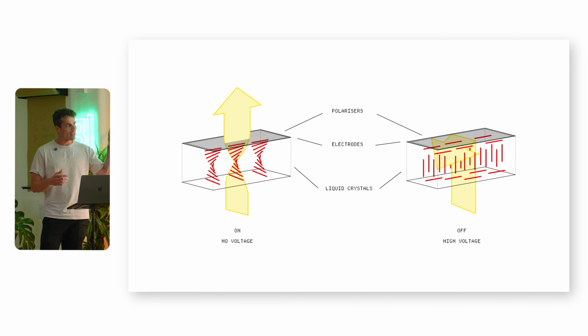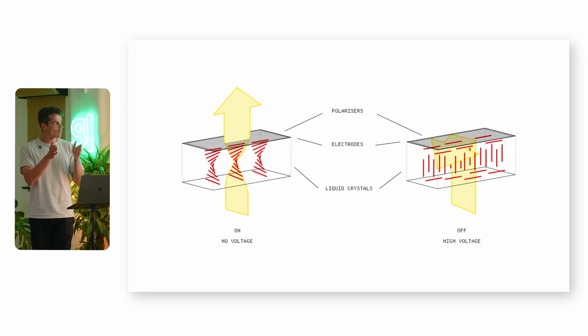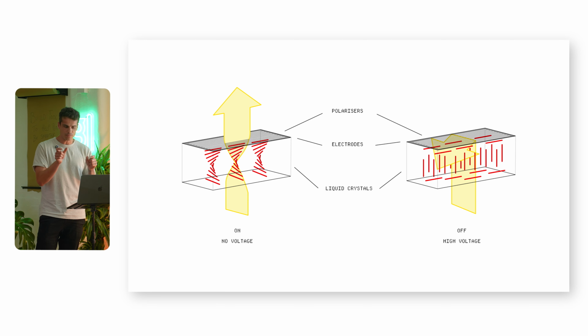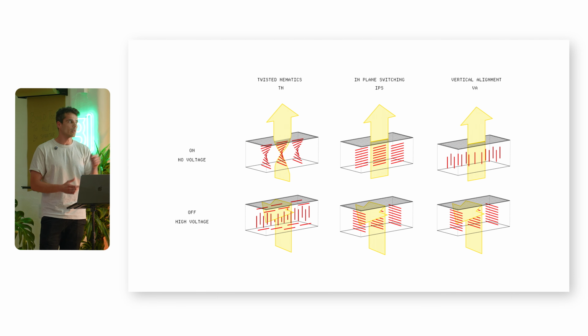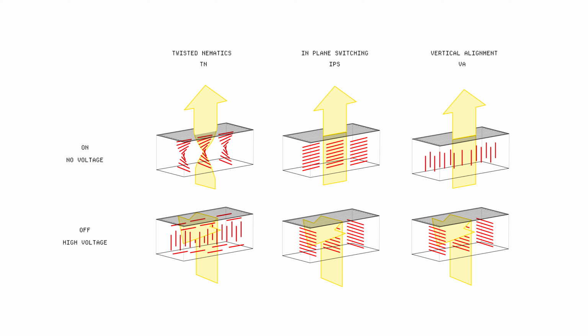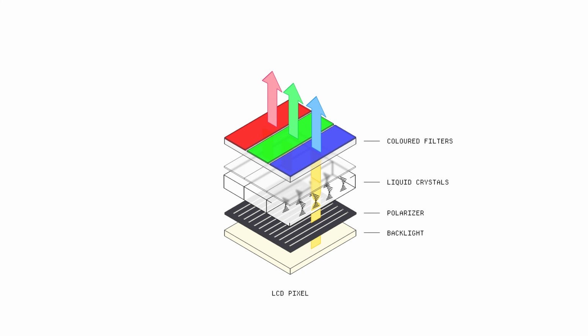Each subpixel has its own set of liquid crystals so that we can control red, green, and blue individually. And there are a bunch of different types of liquid crystals that each have their own trade-offs. They're mainly trading off refresh rate and viewing angles and stuff, but they more or less all work in the same way.